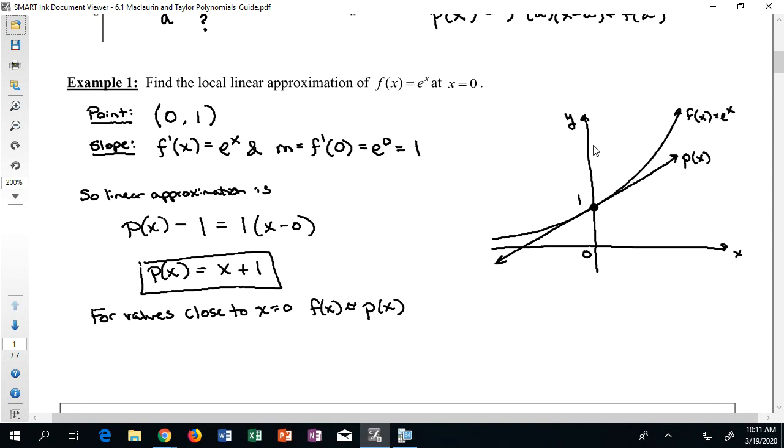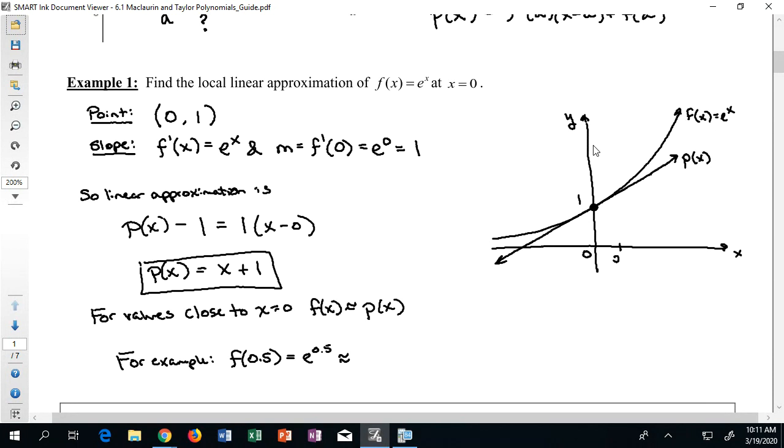So of course I could go here and put down a quick example. Let's suppose that I was interested in determining f of 0.5. That means that I would want to know what is e to the 0.5 power. If I had no calculator, that's a tough question. But I notice that 0.5 is pretty darn close to 0.